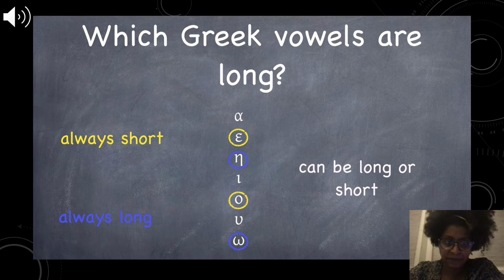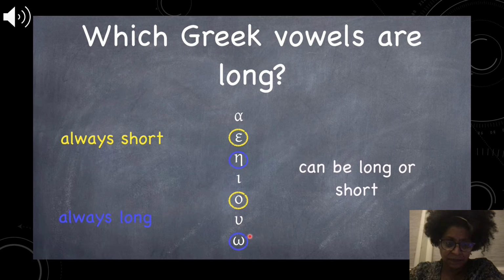Greek has 7 vowels: alpha, epsilon, eta, iota, omicron, upsilon, omega. Of these vowels, epsilon and omicron are always short, while eta and omega are always long.